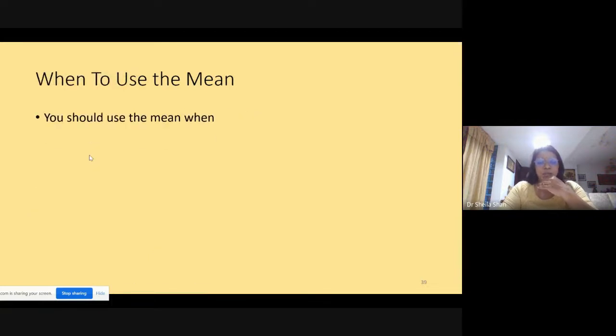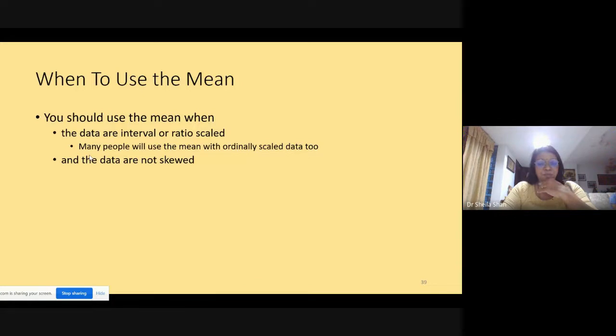When to use the mean? You should use the mean when the data are interval or ratio scale. You check back and see what interval data and ratio data are; I think I have discussed this before. And the data are not skewed, that means you get a bell shape where the middle value is like a bell.